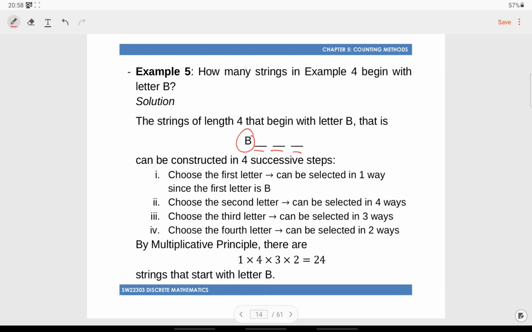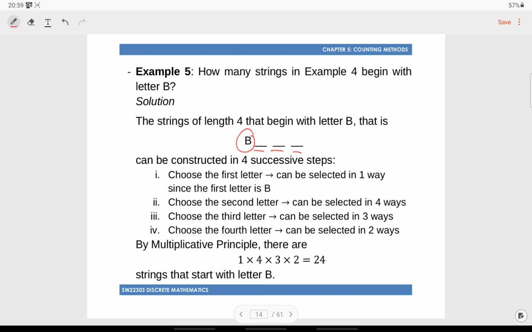Only a single selection for the first task, which is the letter B. So the first task can only be done in one way, since the first letter is fixed as B.